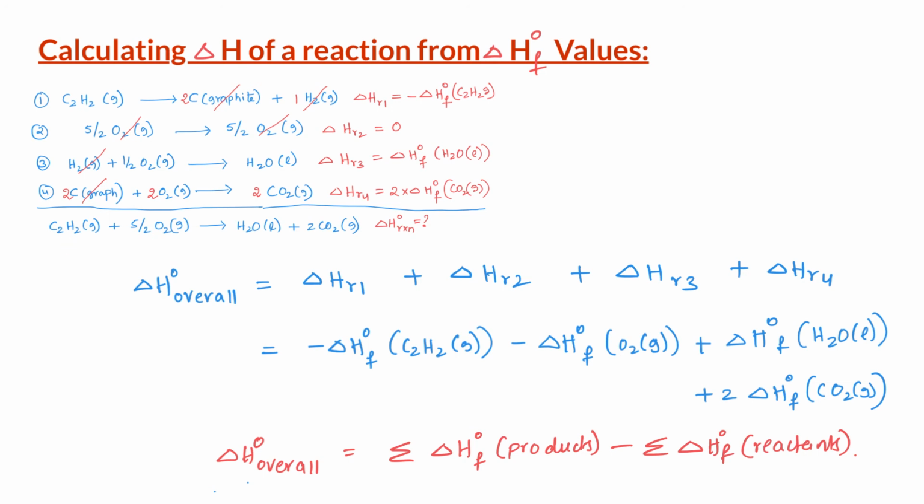We can apply this formula for any reaction to determine its enthalpy change. Next, we can look at the tabulated values to find delta H naught F of C2H2, O2, H2O and CO2 and plug in the values in this equation to determine the delta H naught of the overall reaction.